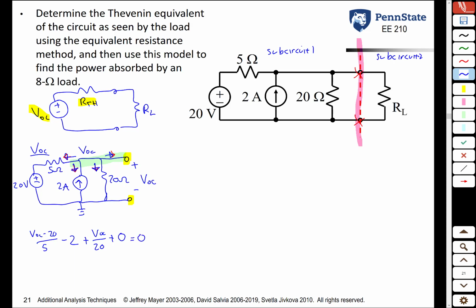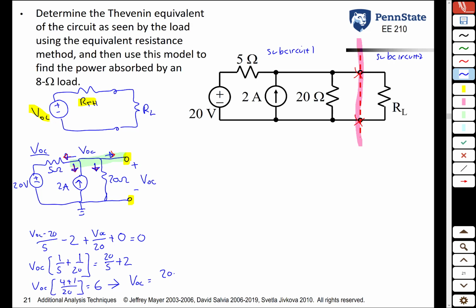We solve for VOC. We get VOC times (1/5 plus 1/20) equals, on the other side, 20 over 5 plus 2. 20 over 5 is 4. 4 plus 2 is 6. We get VOC times (1/4 plus 1/20)... we solve for VOC.